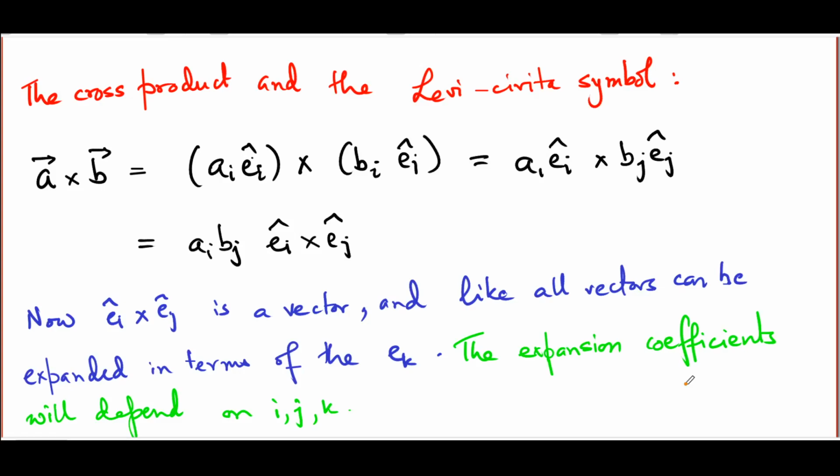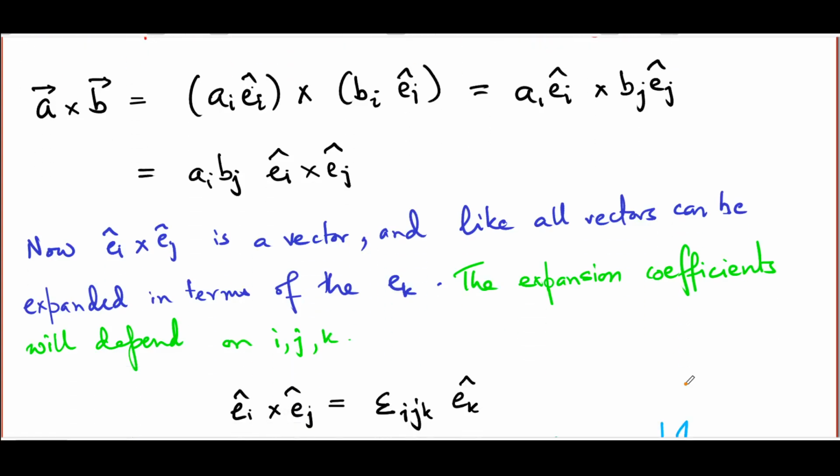So if you write that as e_k times something, summed over k of course, the expansion coefficients, those somethings, will of course depend on the two vectors which are being taken the cross product of, that is i and j. It will also depend on which component you are talking about, that is on k. So the expansion coefficients will depend on i, j and k, and you can write e_i cross e_j as epsilon_ijk e_k, summed over k of course.